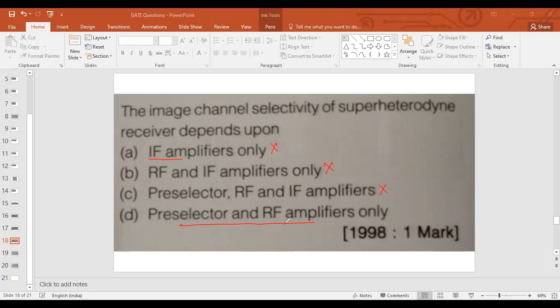So preselector and RF amplifiers only. तो IF एम्पलीफायर तो किसी भी हालत में नहीं होगा, जिस भी ऑप्शन में IF एम्पलीफायर होगा that will get rejected, and in all the above 3 options we have IF amplifier as one of the conditions, so this should not be the answer, so it is the best choice. So you can see that in 1995, in 1996 and in 1998 again this question has been asked. Okay, let us go to the next question.